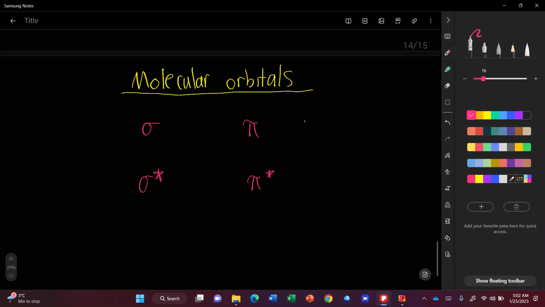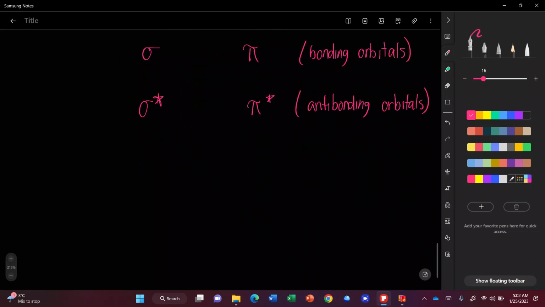The sigma and pi are bonding orbitals, and we physically draw them. We represent them by the little lines. Sigma star and pi star are anti-bonding orbitals, and we don't draw them, but they do exist, and it's really important for you guys to remember that they exist even though we don't explicitly draw them.